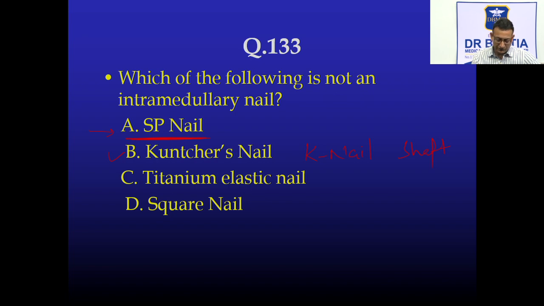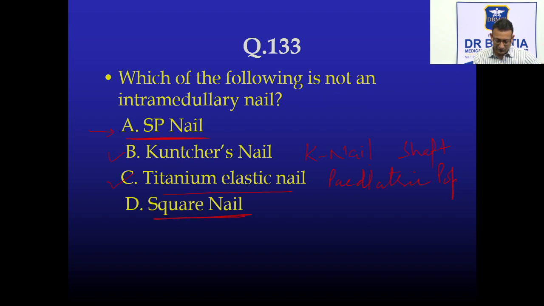So yes, this is an intramedullary nail. Titanium elastic nails are used to fix the long bones in the pediatric population. We put them inside the medullary canal, so they are also intramedullary nails.